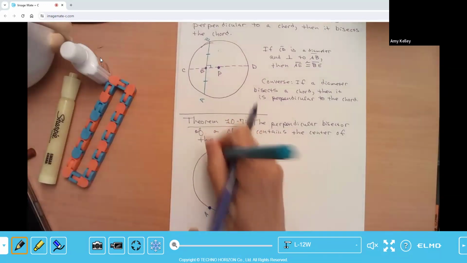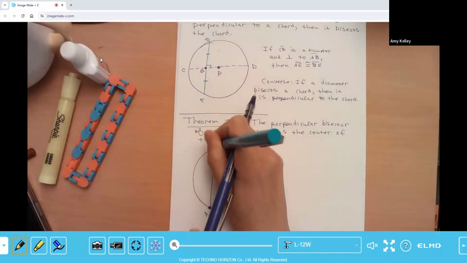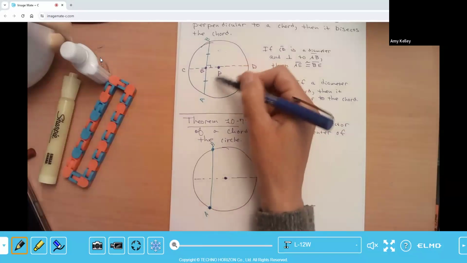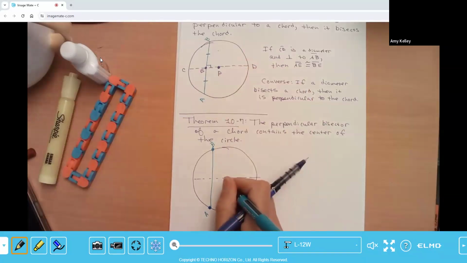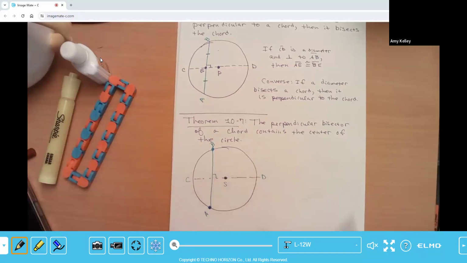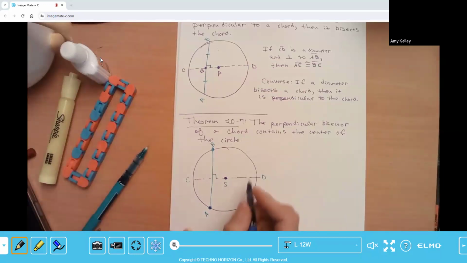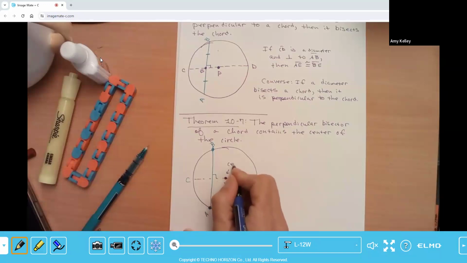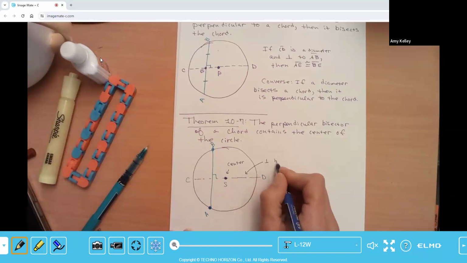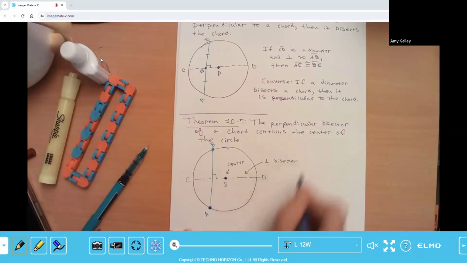Again, we have chord AB, and we're just saying that the perpendicular bisector is going to include the circle center, which we kind of see from the previous theorem as well. Any questions?